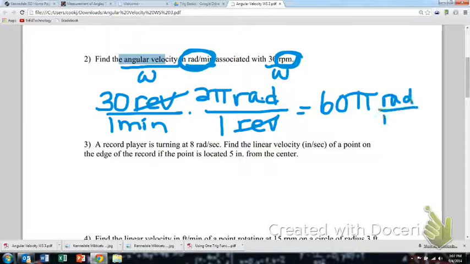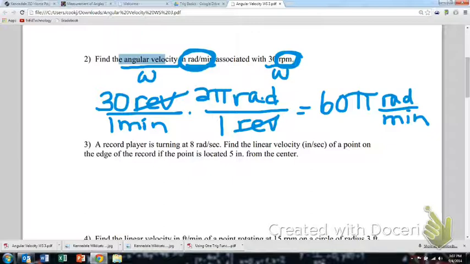Okay, so you'll have a problem on your assessment tomorrow where that's all you have to do is convert the units for omega to radians per minute. Because remember, we talked about that in order to use the formula V equals omega R, omega has to have its angle measurement in radians. So this is just having you practice that, getting omega in the right units.